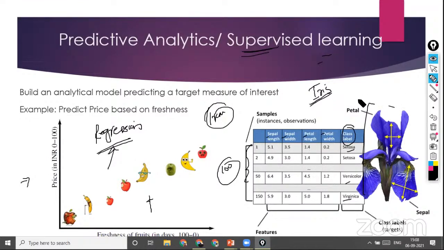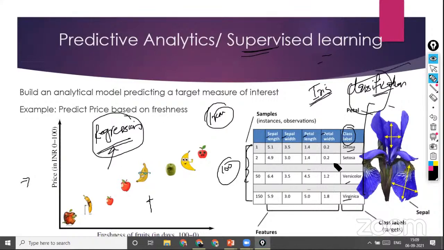Here also you are predicting, but the prediction is one of the classes. So we call this classification. So we have two kinds of supervised learning techniques, or predictive analytics techniques: regression and classification.